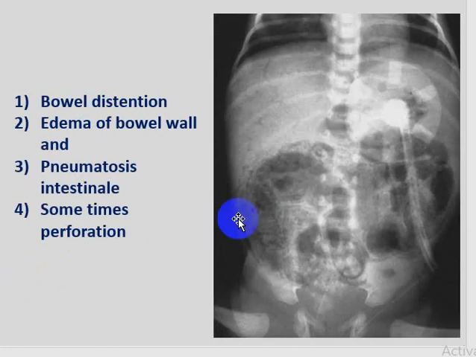Also in this X-ray there is a clear distension of the bowel, edema of the bowel wall, and pneumatosis intestinalis. This is especially here in this area, air in the wall of the intestine, and sometimes there may be perforation.